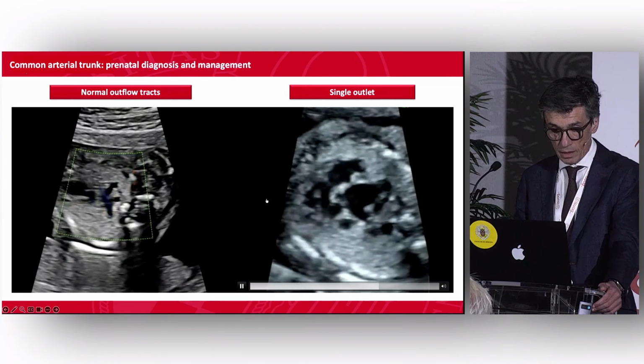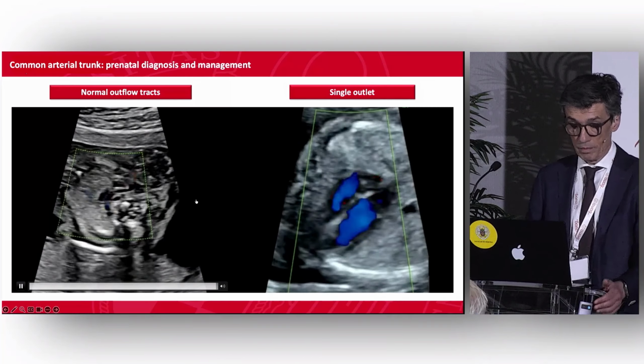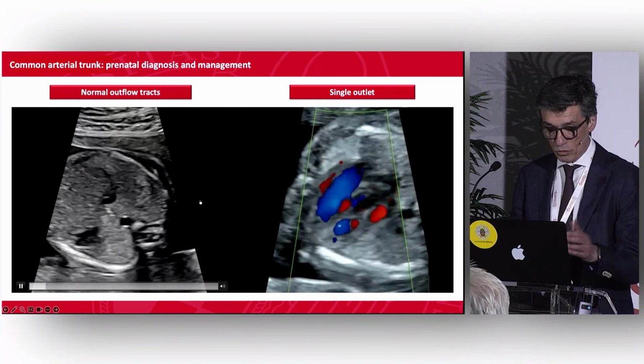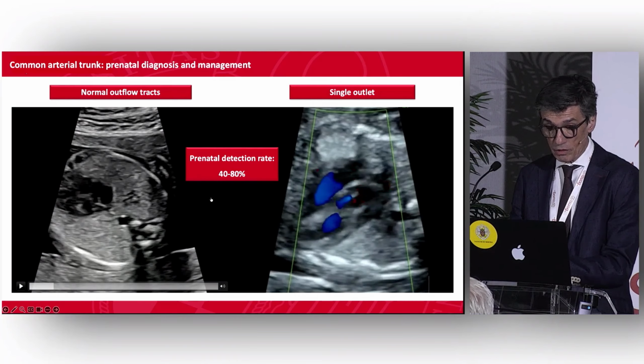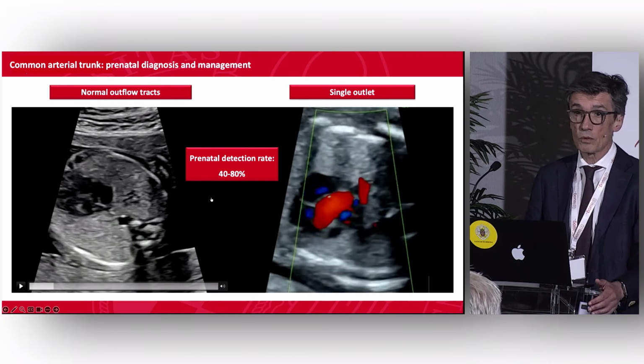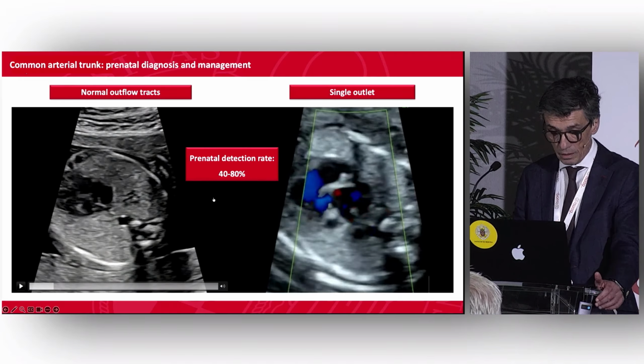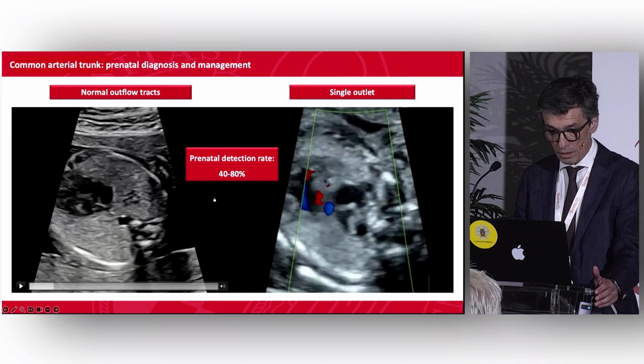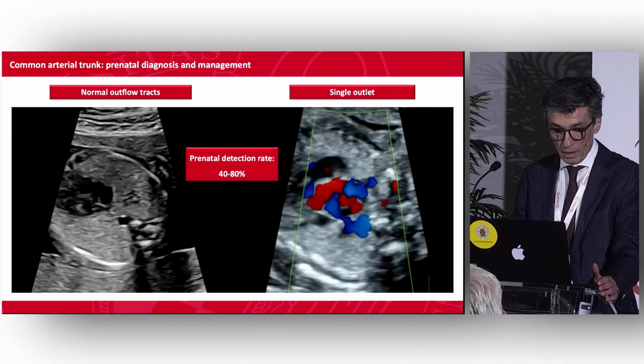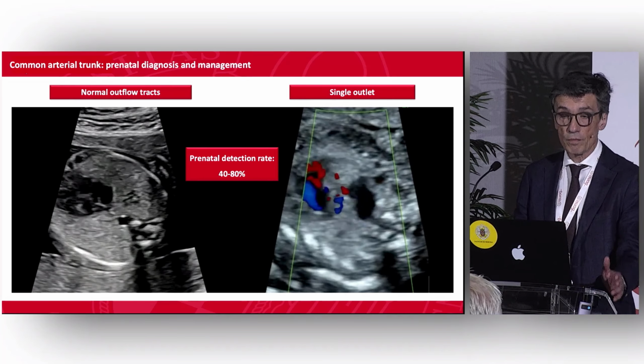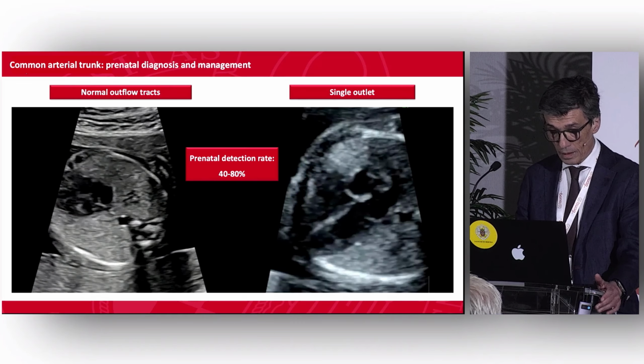So the differences are very pronounced, very obvious, and despite this, the detection rate of this condition is not 100%, and depending on the series you look at, the detection rate ranges from 40 to 80%.